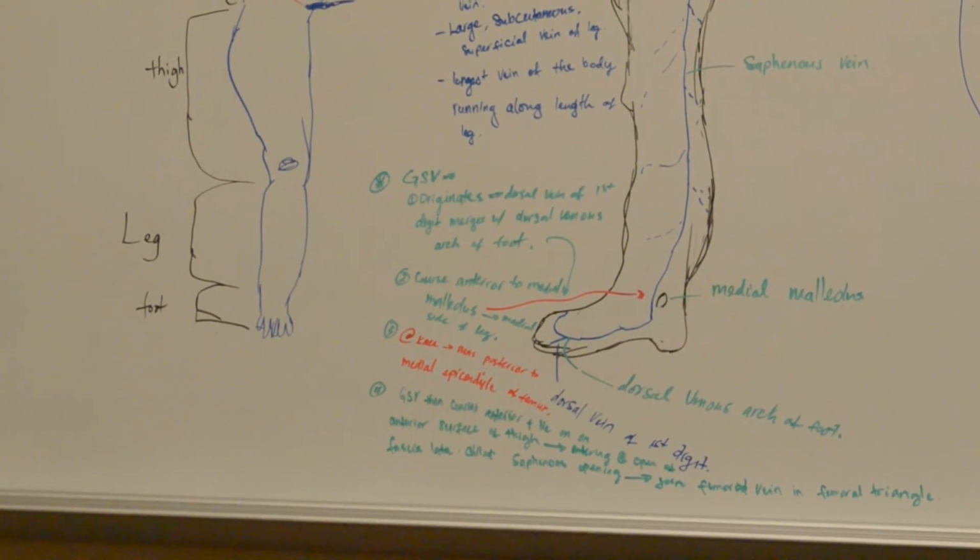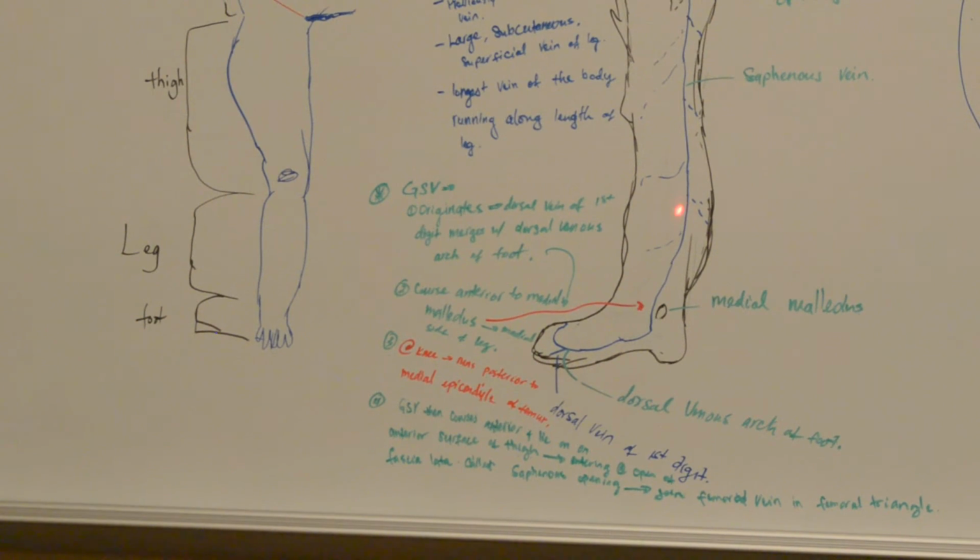And then the great saphenous vein will course anterior, and it lies on the anterior surface of the thigh before it enters the opening at the fascia lata, which is called the saphenous opening, and it would join the femoral vein right here in the femoral triangle.